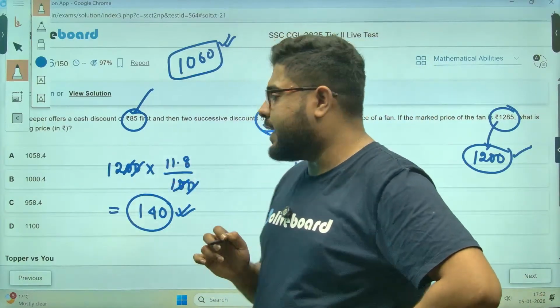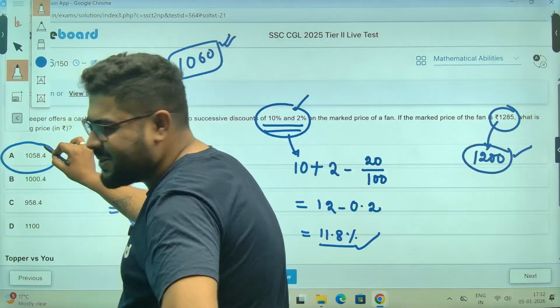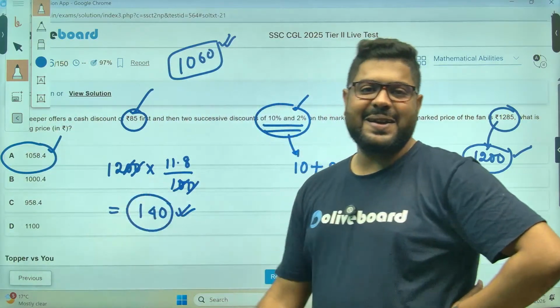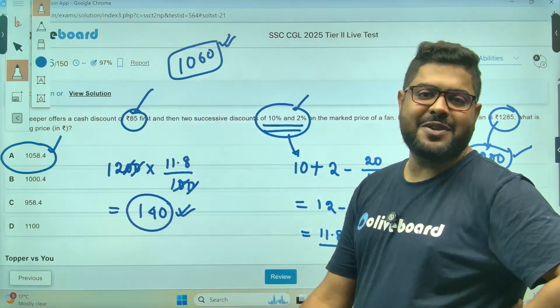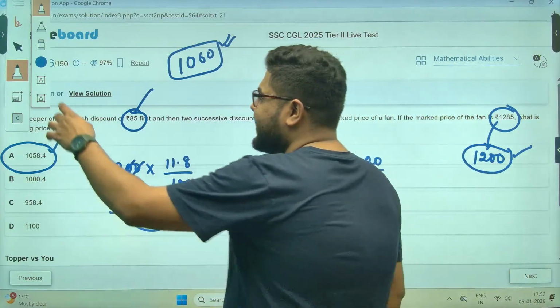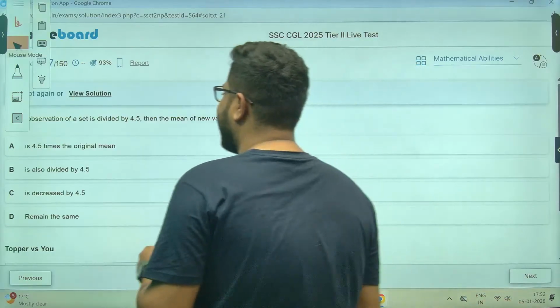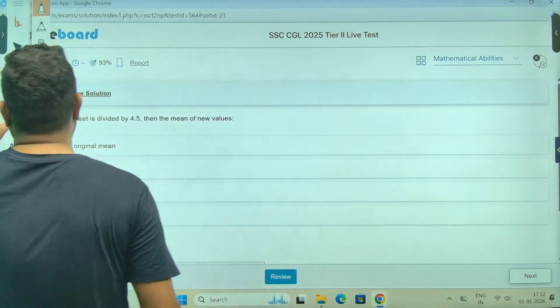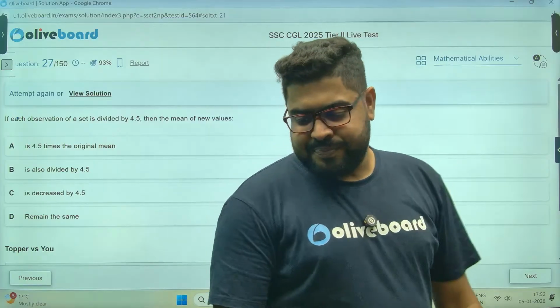You see, I'm not doing the entire calculation. There is only one option around 1060. I got away with it because 99% of the times I will get away with this. My answer is 100% this one. I just saved so much in calculations.